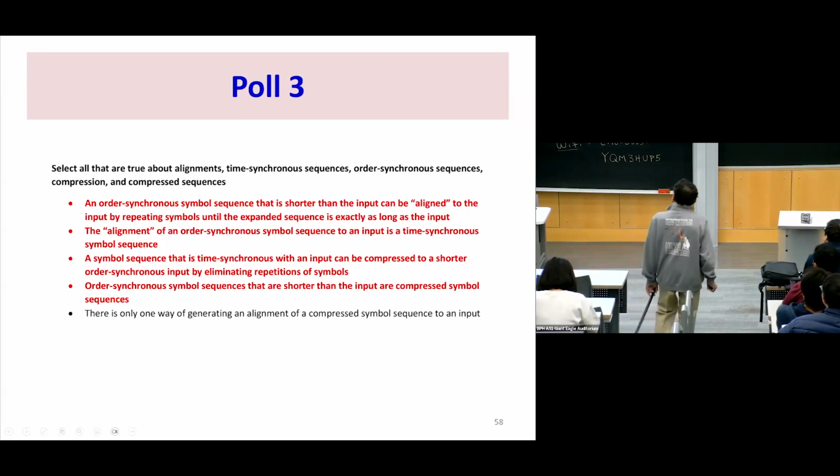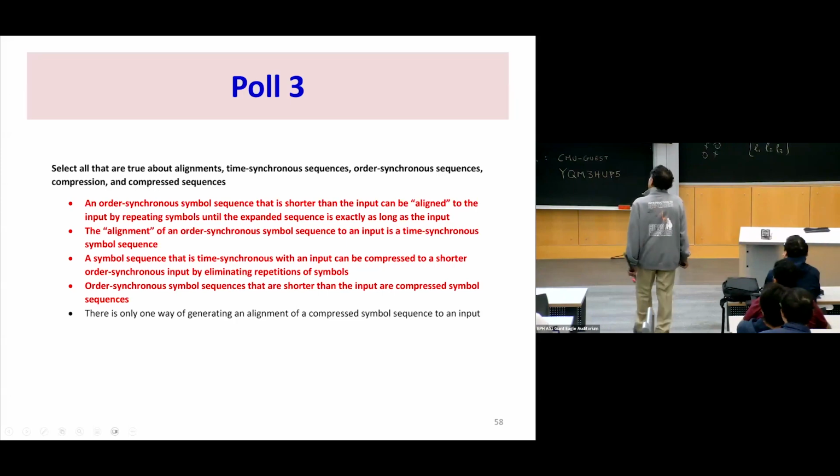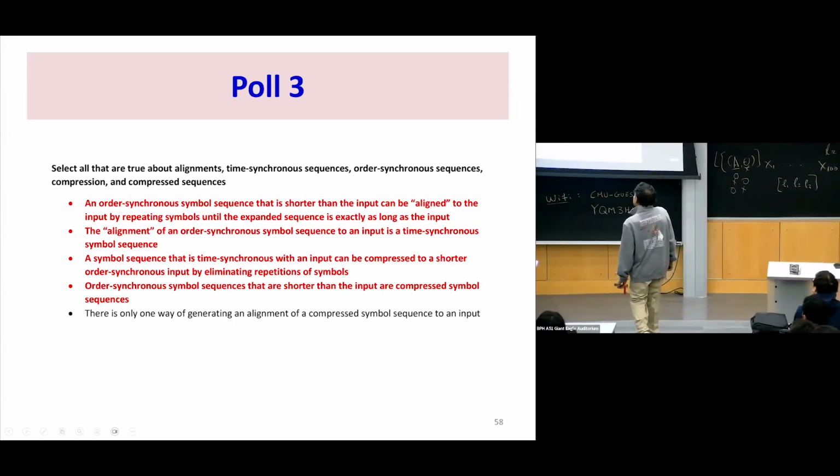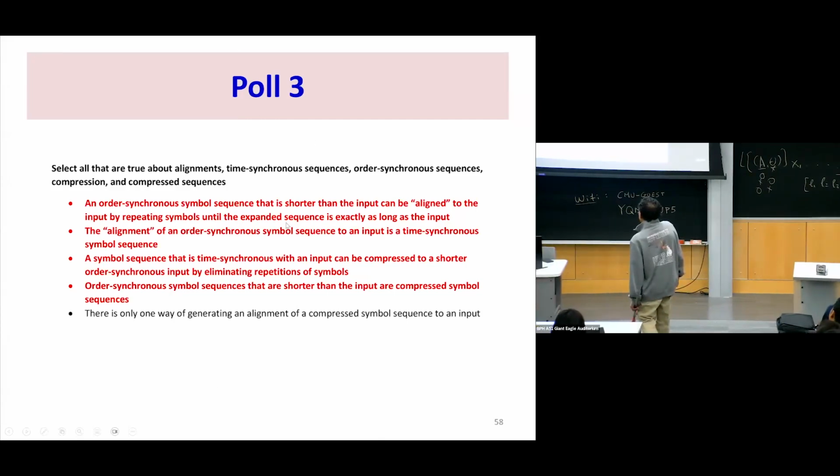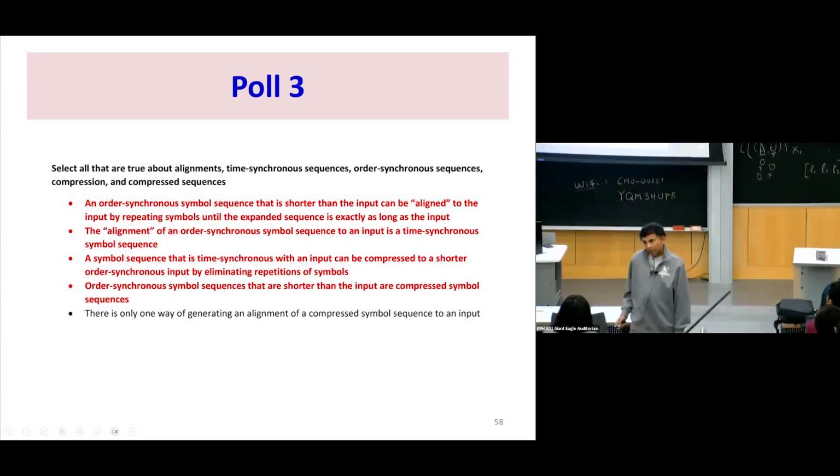Yes. Only the fifth one is false. An order aligned symbol sequence that's shorter than the input can be aligned to the input by repeating symbols until the expanded sequence is exactly as long as the input. And the alignment of an order synchronous symbol sequence to an input is a time synchronous symbol sequence, because now I'm going to have one symbol per every input vector.